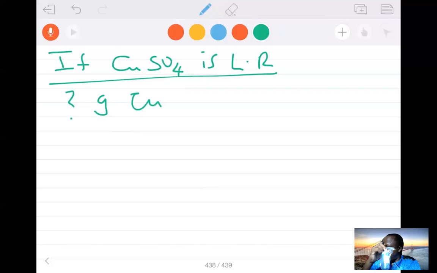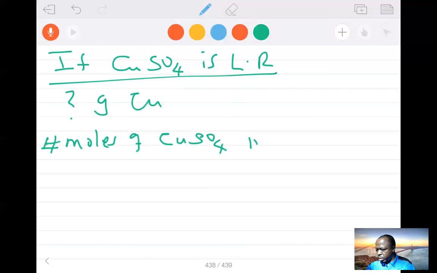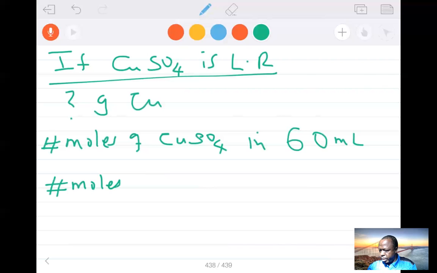In the stoichiometry, you have to find first of all the number of moles of copper 2 sulfate in 60 ml. Remember, I was using 60 ml. Yours will be different. From the molarity, the number of moles is given by the molarity times volume in liters.